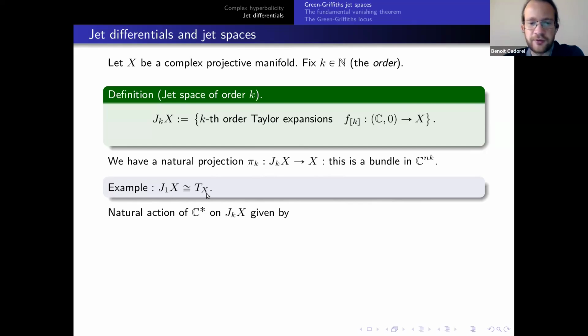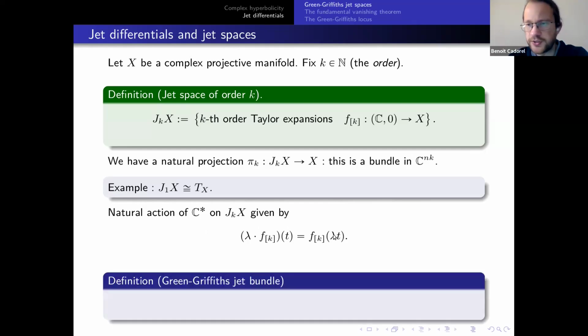Now you can state that you have a natural C star action on J_k X given simply by reparameterization at the source, at the beginning of the map. So you can write it like that: lambda acts on this jet simply by multiplying the variable t by lambda.